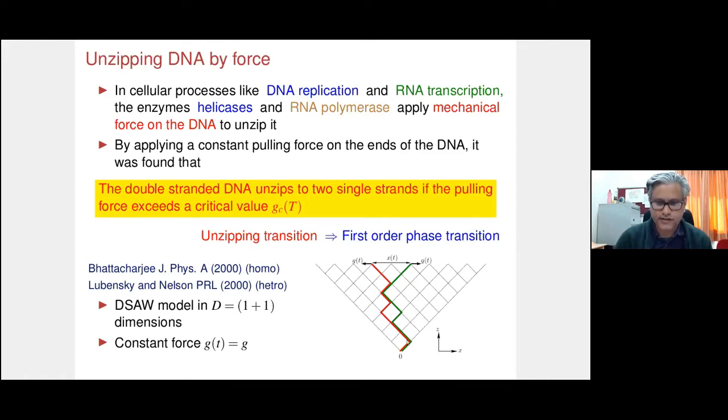The walks start from the origin and go towards a preferred direction, in our case the Z direction. They cannot cross each other, and at the end monomers we apply a pulling force.